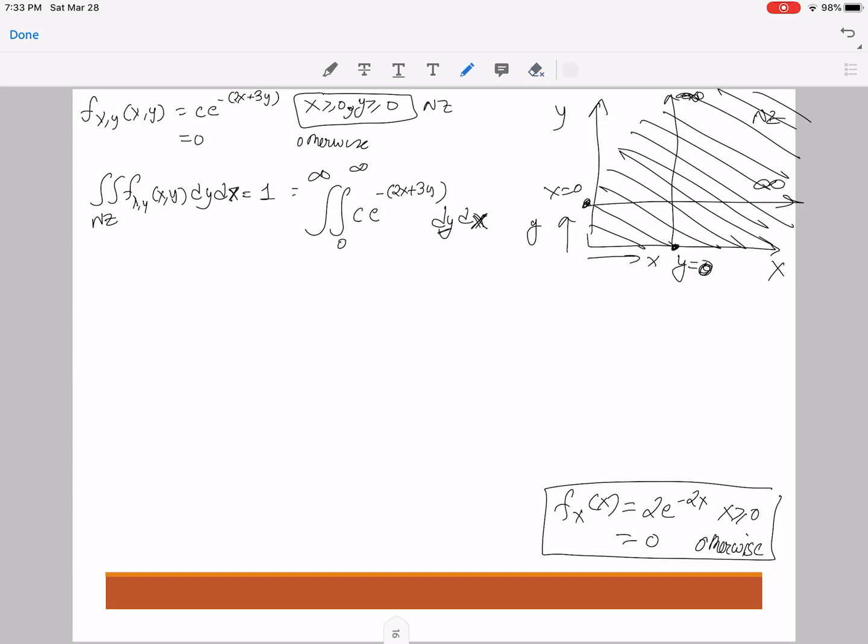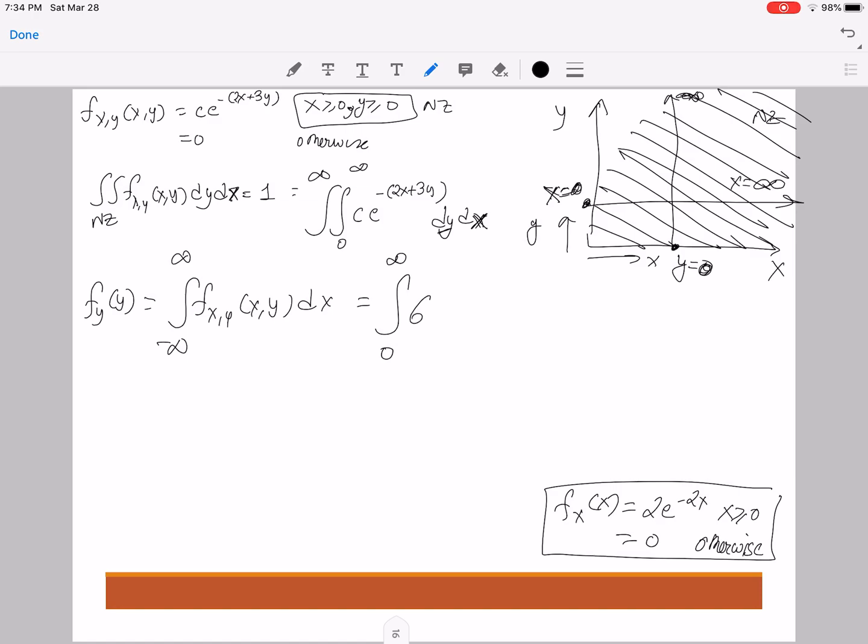I know that c is equal to 6, so f of y is obtained typically by integrating the joint PDF with respect to x, but in this case the limits will be from 0 to infinity because x varies from 0 till infinity. 6 times e to the negative 3y times e to the negative 2x dx.